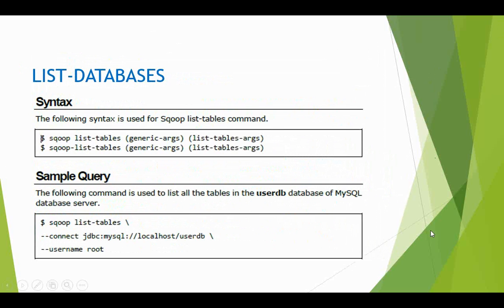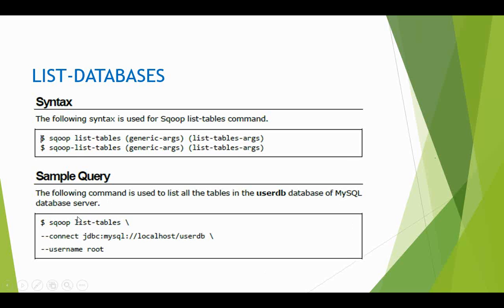Now similar to some evaluation functions, we have list databases. What does this mean? This list command is used to list the tables. Whatever tables are present inside, Sqoop will list them with list-tables, followed by a certain number of arguments.